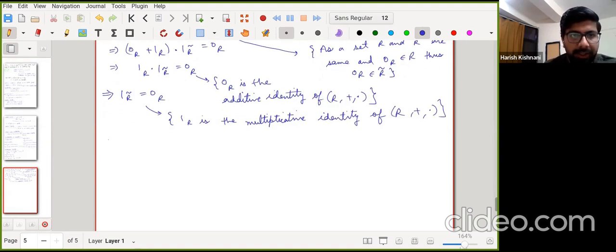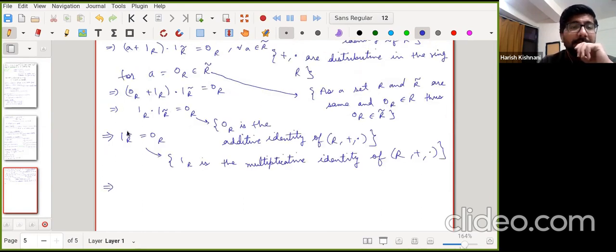So as we thought in the beginning, the multiplicative identity of the new ring structure is going to be the additive identity of the previous ring structure. Isn't it interesting that you have a set with a ring structure on it, then you change that ring structure and define new binary operations on the same set such that the old additive identity becomes the multiplicative identity?